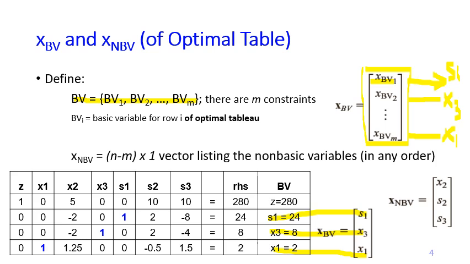And for XNBV you just put all the variables that are non-basic. So we have x2, s2, and s3. Okay, so XBV is the collection of all basic variables in the optimal table, and XNBV is the collection of all non-basic variables also in the optimal table.